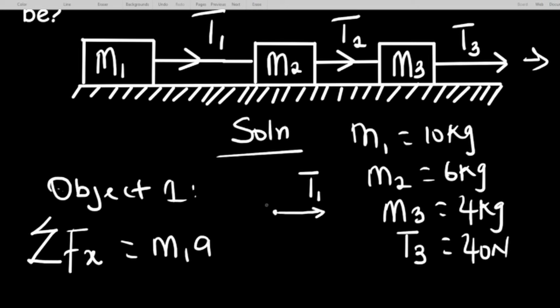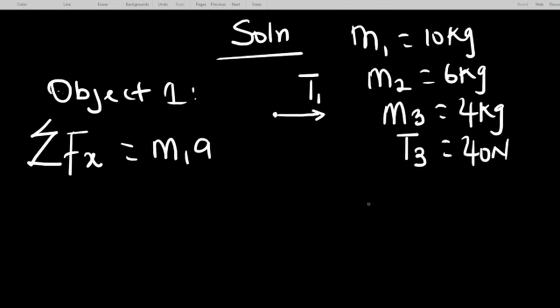acting on mass 1. Okay, so there are no negative forces, or there is no opposing force right here. So there is only one force acting upon it. So we say all the forces acting upon M1 is just T1. So we say T1 is equal to M1A.